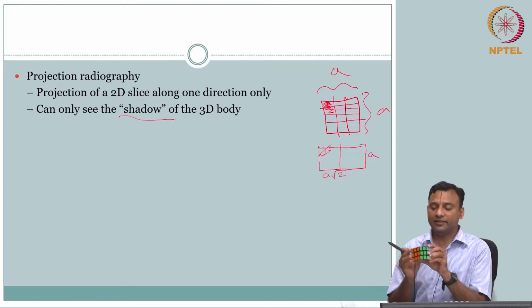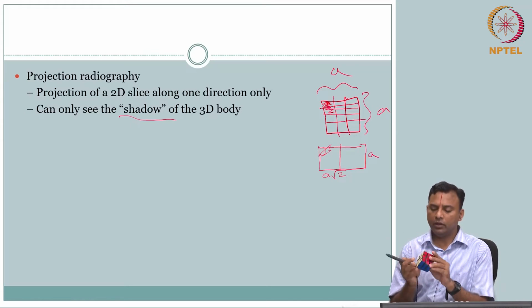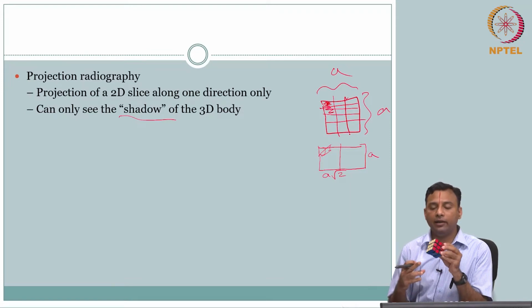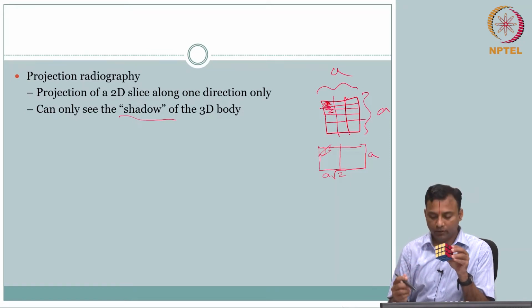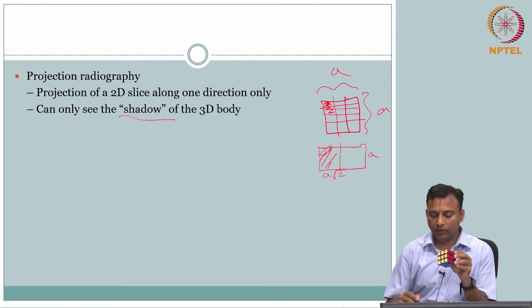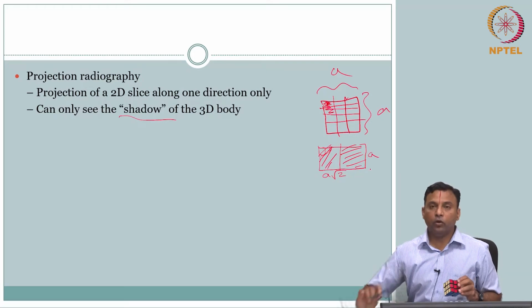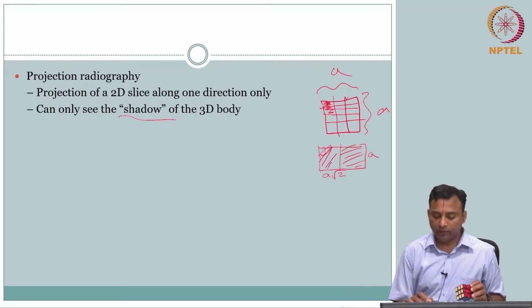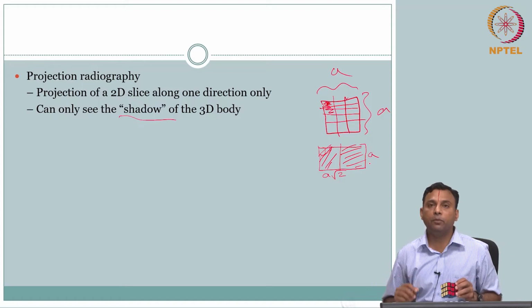I see two colors, red on one side and yellow on the other side. But notice it's still projected.